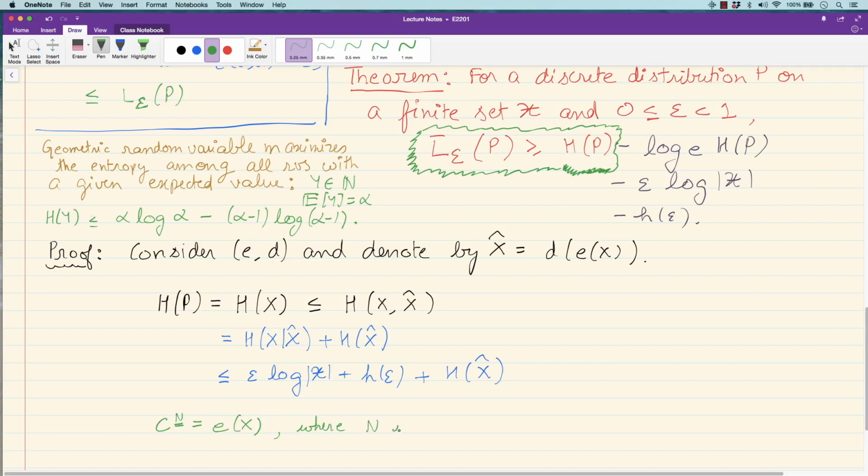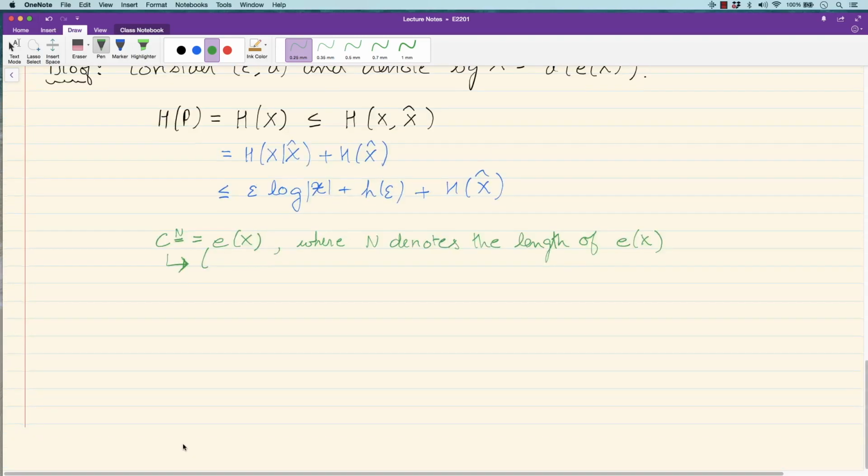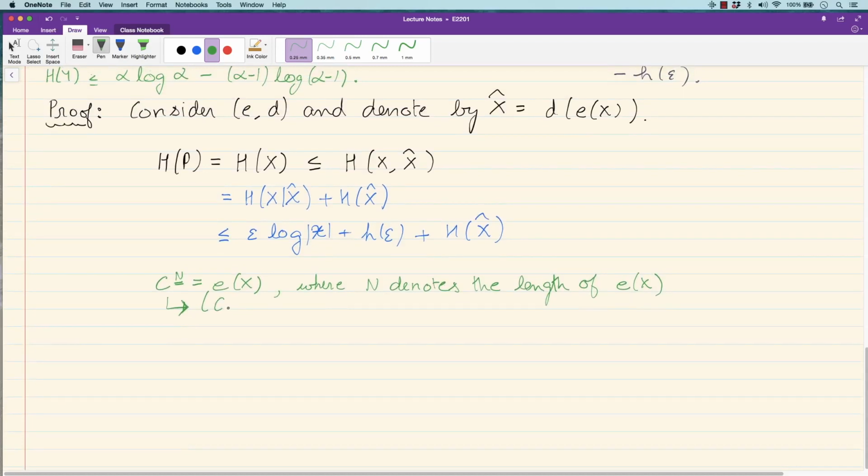Here n denotes the length of e of x. This c superscript n is standard notation for the vector c1 to cn. What we notice is that this x hat is a function of c1 to cn.